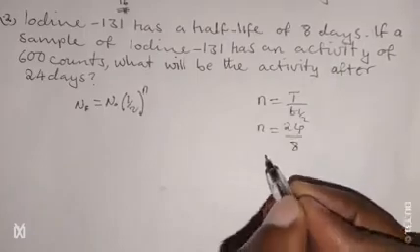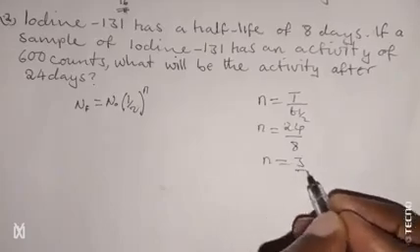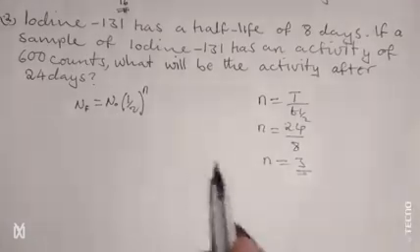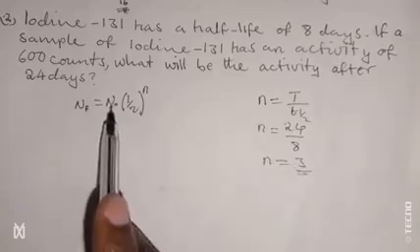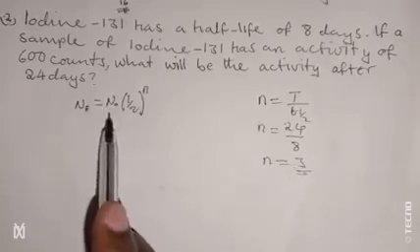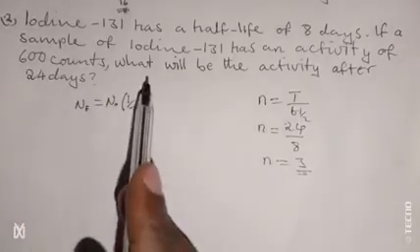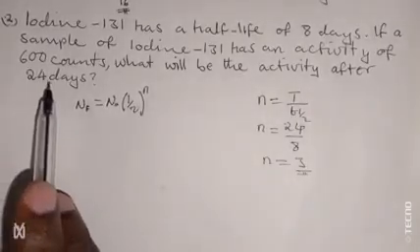This into this, how many times? n is equal to 3 half-lives. So 3 half-lives. Here we replace where there is n by 3, and where there is N initial, the initial count, we replace by this one. So the question is, what will be the activity after 24 days?